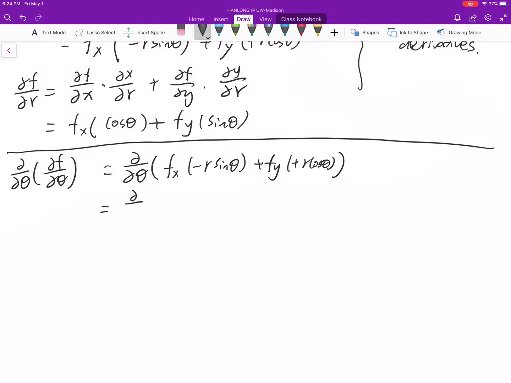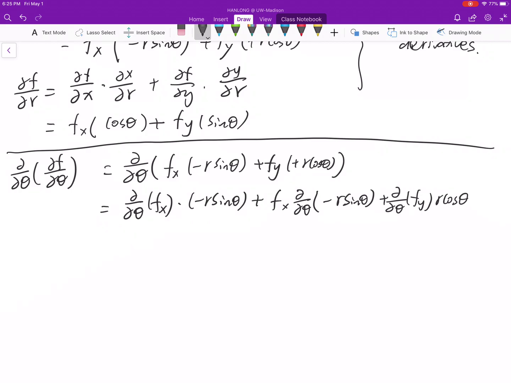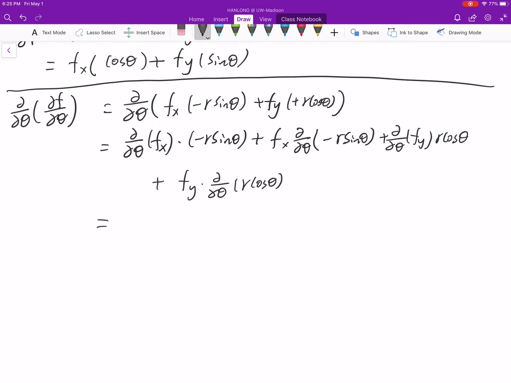Okay, so let's use the product rule, to make life easier. The basic idea is to decompose the whole complicated thing into small pieces. Plus fy times partial theta of r cosine theta. Okay, now let's do the easy part first.